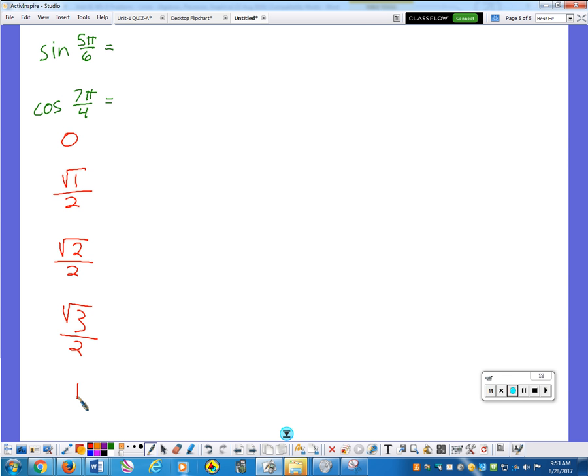And once I have the numbers down, now I can worry about the angles. So if I'm supposed to find the sine of 5 pi over 6, again, I don't have it memorized. I just recreate it. So I just draw a quick circle. Put an axis.